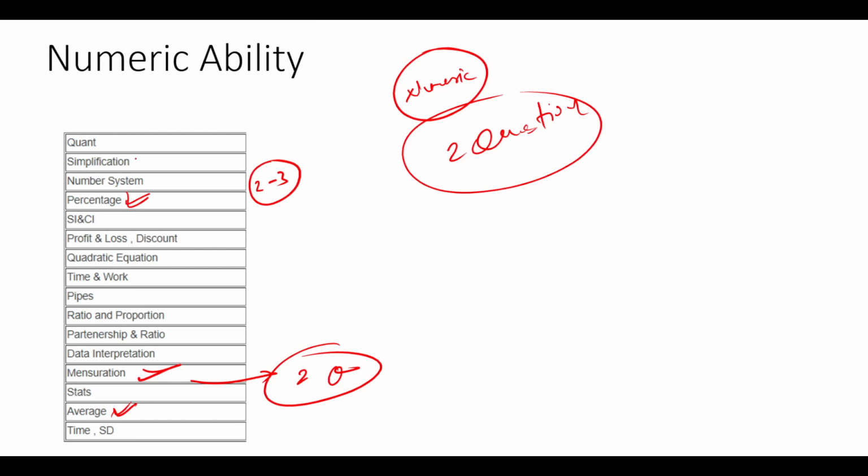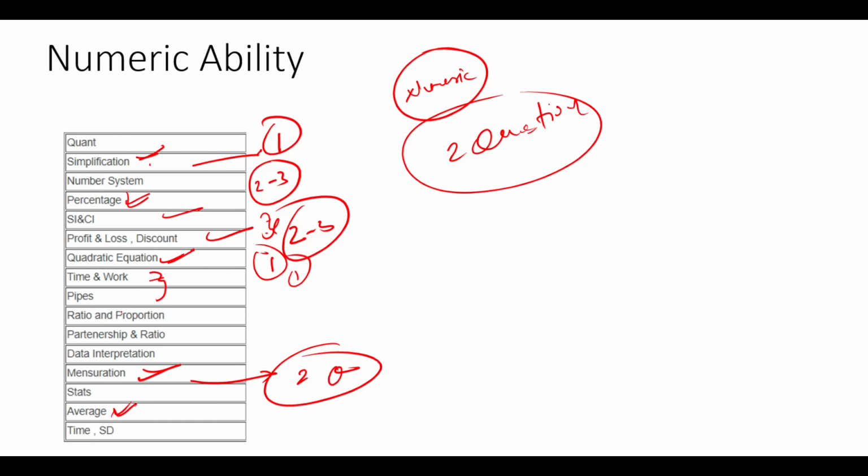Apart from this, from simplification, BODMAS rules, they asked one question. Then from profit and loss, discounts, SI and CI, they asked two to three questions. Then quadratic equation, they asked one question. Time and work, one question.